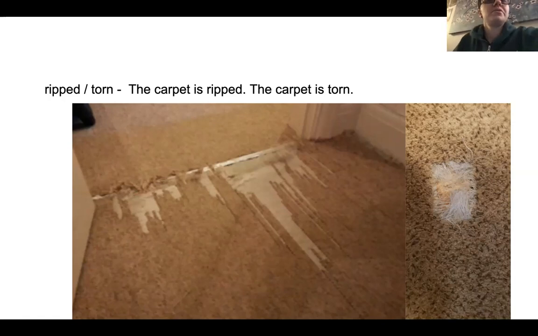Also things like, so here's tissue. I did a great job with that. The tissue is ripped. The tissue is torn. So things like fabric, paper products, so paper products like this or soft ones like this, those can be ripped or torn also. So you might hear those words used to talk about that.